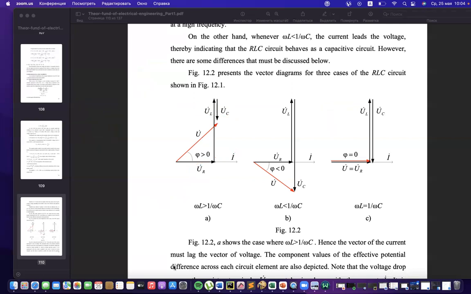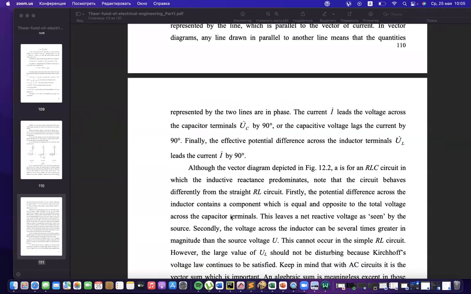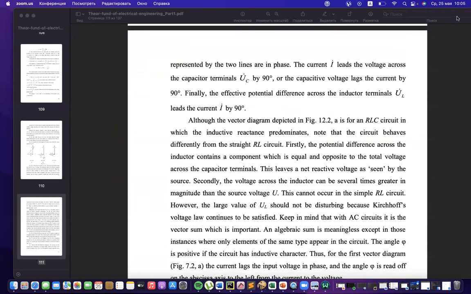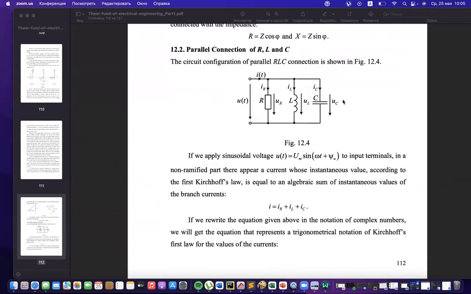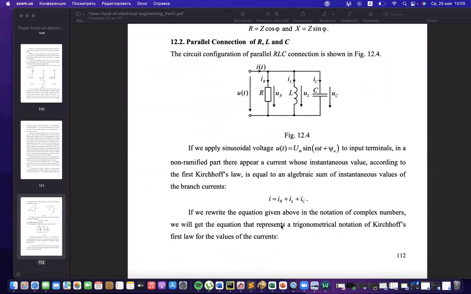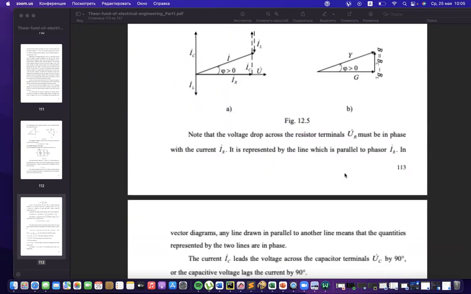And I think for today, our time is finished because it's 10:05, 5 minutes after 10. I think according to the schedule, the lesson is finished. But next time we will continue forward with parallel connection, and we'll get the same thing, the triangle of conductivities.